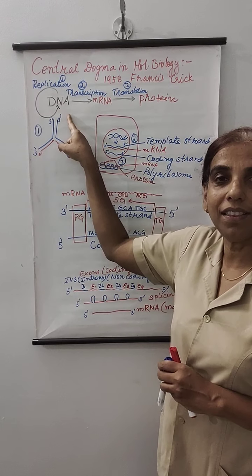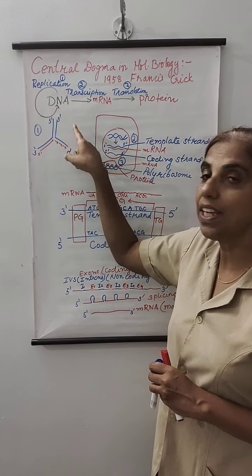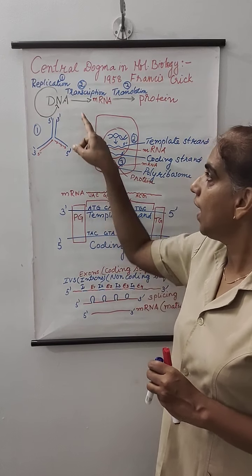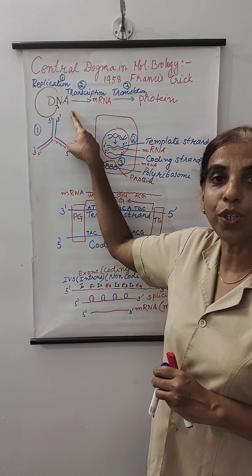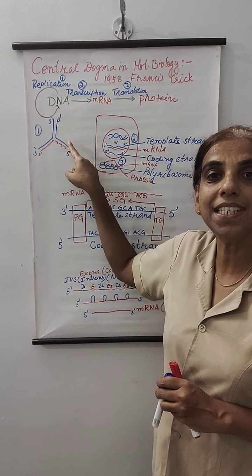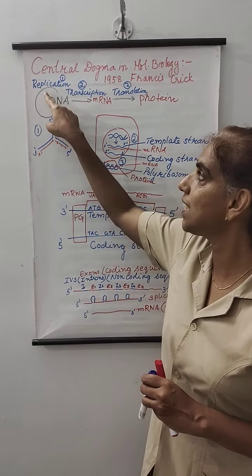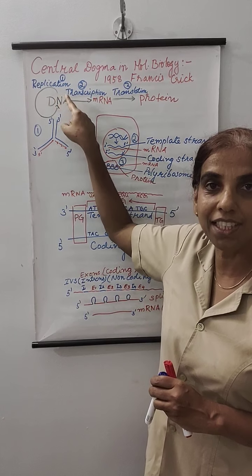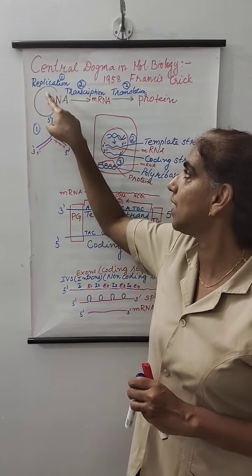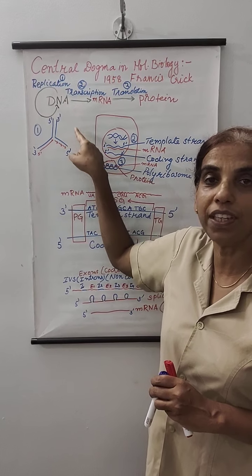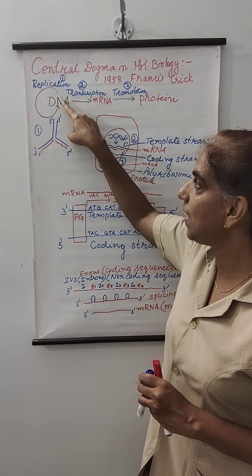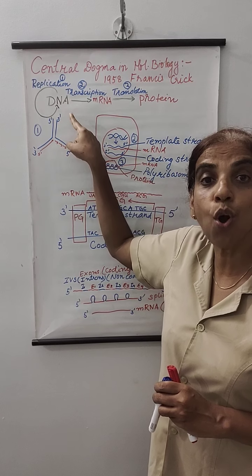So when we look at this central dogma, we can see three distinct phases. In the first phase, you can see that the DNA can increase its number. We call it DNA replication, which takes place at the time of cell division. In this, DNA is making its own copies.